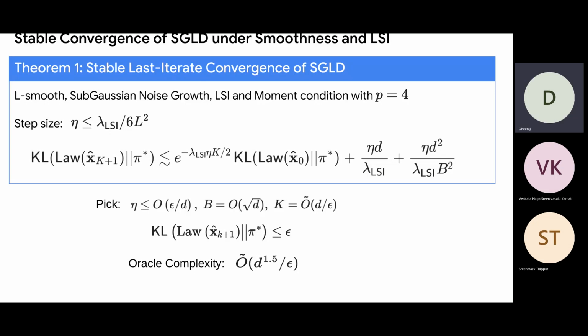Just trying to understand KL again, you're saying that eventually after time k plus 1, your iterate x_{k+1} lies within a ball around pi star? It's more like, consider the space of probability distributions. That itself has a geometry. It could be Wasserstein geometry or total variation distance geometry or the geometry given by KL divergence.